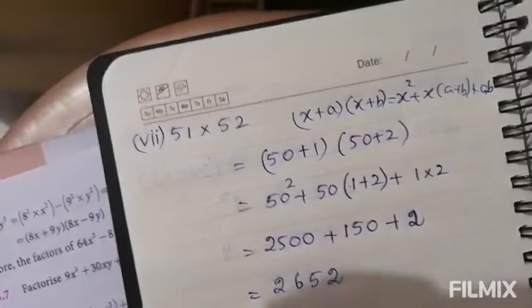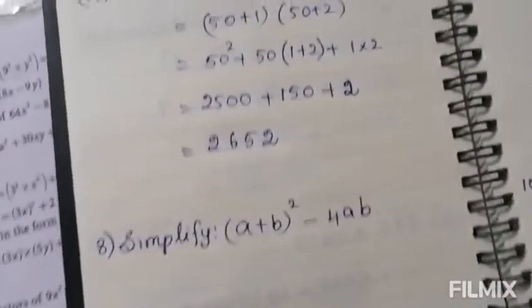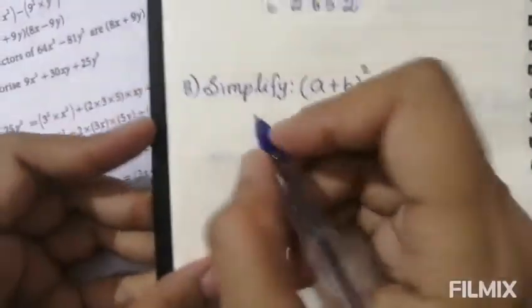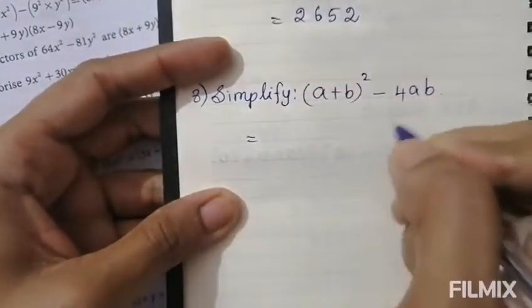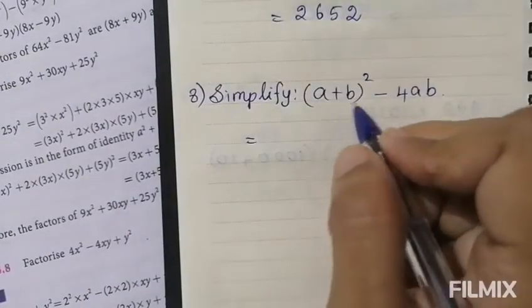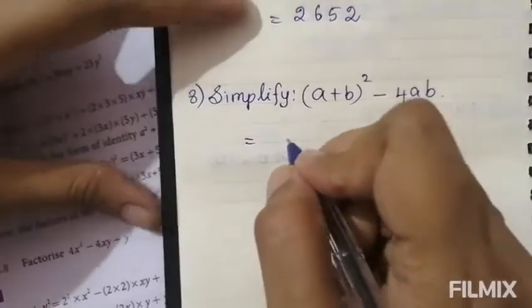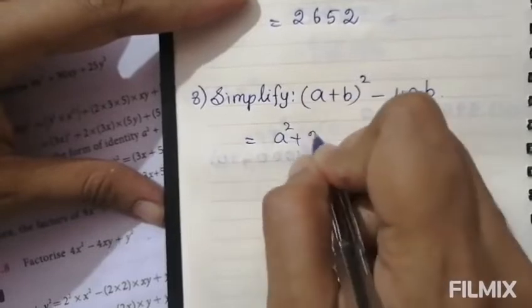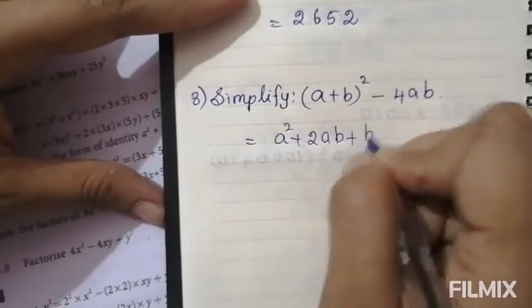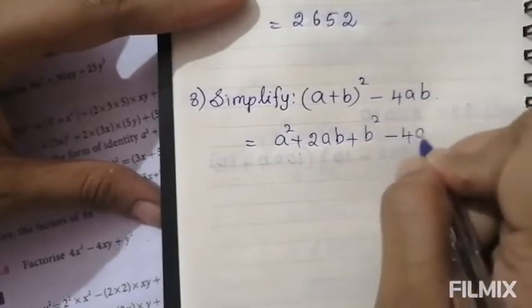So this is simplify. First you write the given, then write the expansion of (a plus b) the whole square. So a square plus 2ab plus b square minus 4ab.